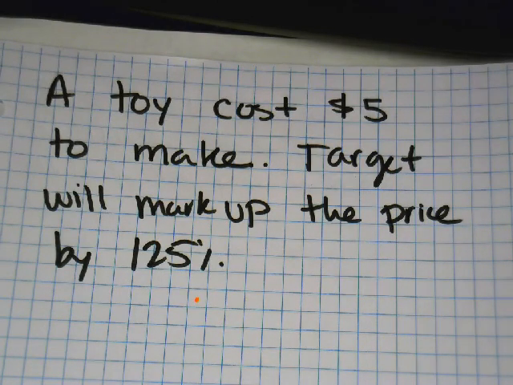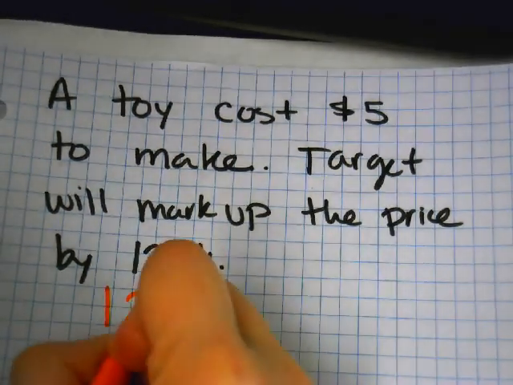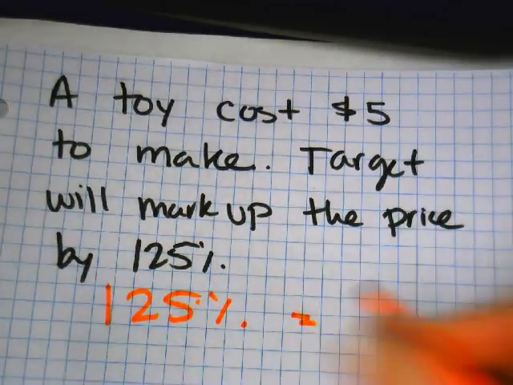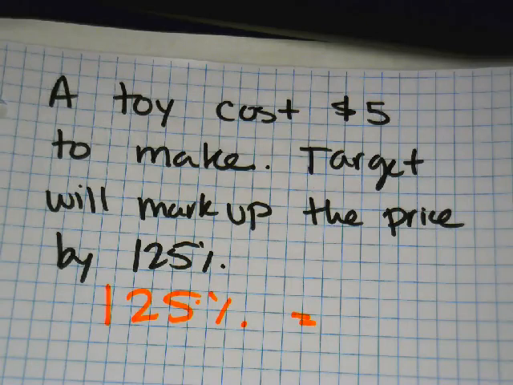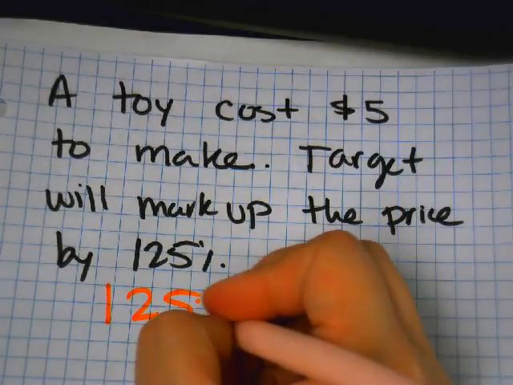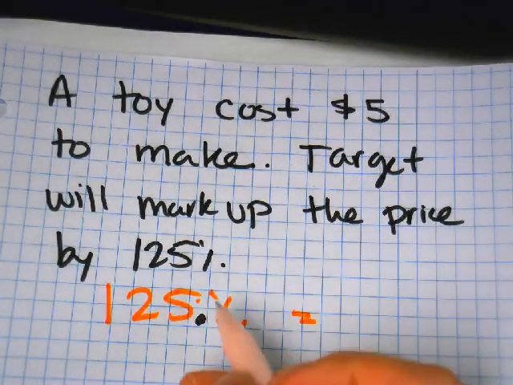All right. What's the hardest part? Percent into a decimal. So 125% is equal to. Now, do you see a decimal right now? I don't see it. So where do I start when I don't see one? In the back. So if I don't see one, it's in the back.